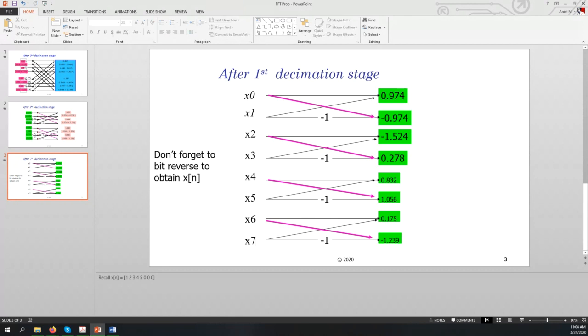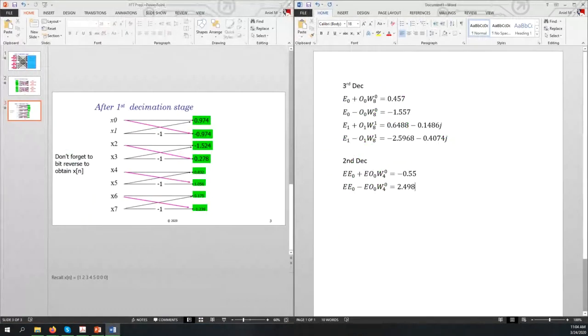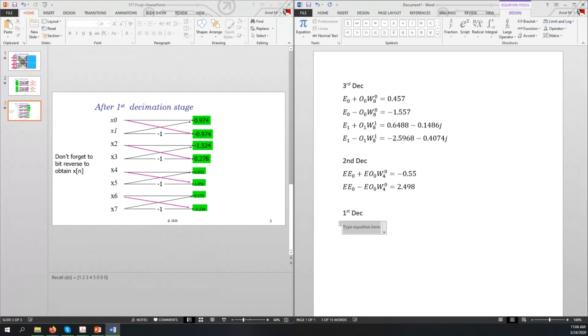Alright, so let's split this back so I actually can show you how this solves. This will be the first decimation stage. Insert the equation.